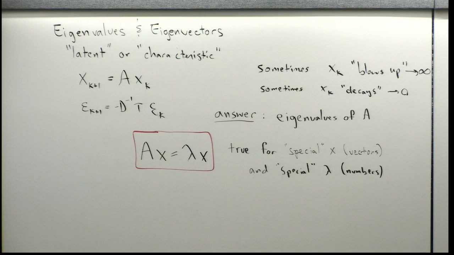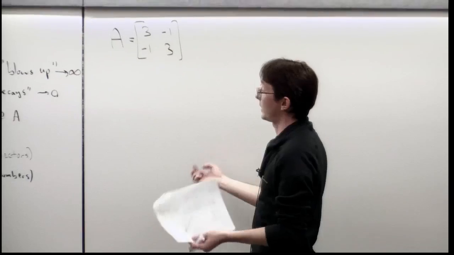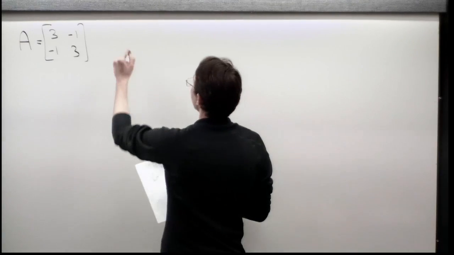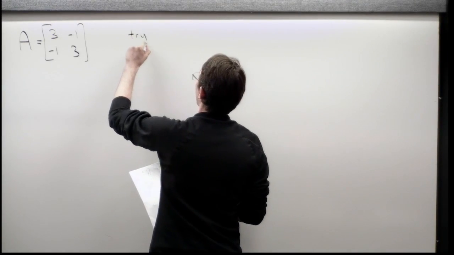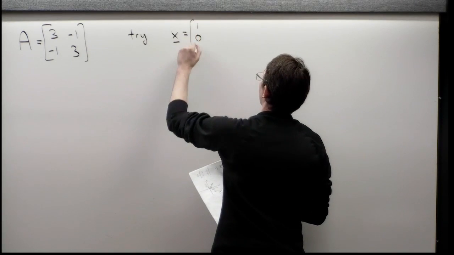Let's say my A matrix is 3, minus 1, minus 1, 3. We're going to see what vectors satisfy my eigenvalue equation. First we're going to try this vector, x equals 1, 0.